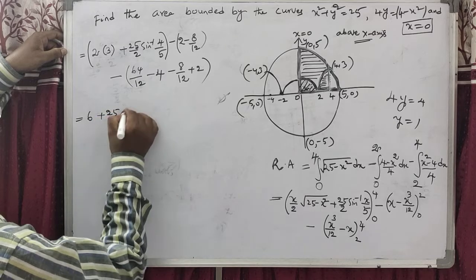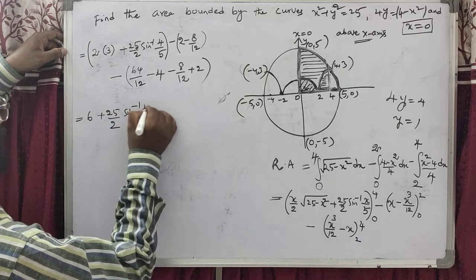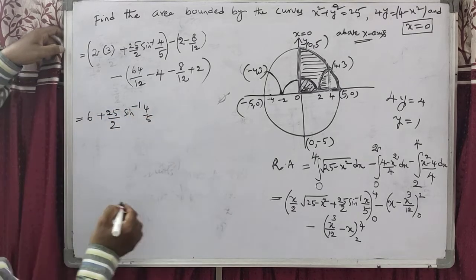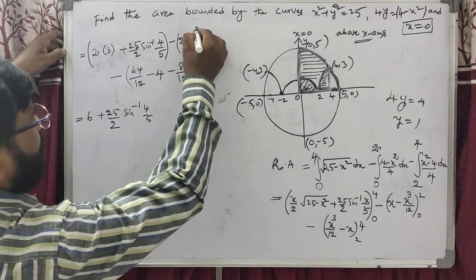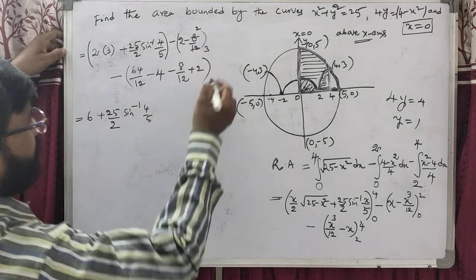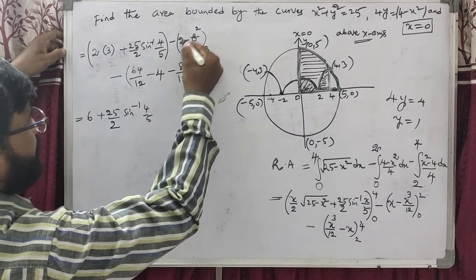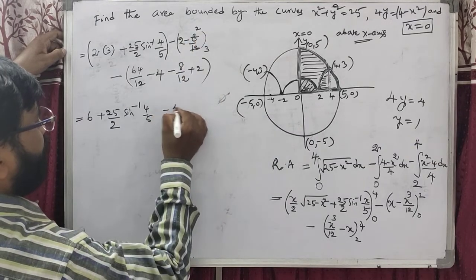25 by 2 sine inverse of 4 by 5. This is, students, 4 2s are 8, 4 3s are 12. Now this is 3 2s are 6, 6 minus 2, 4 by 3.